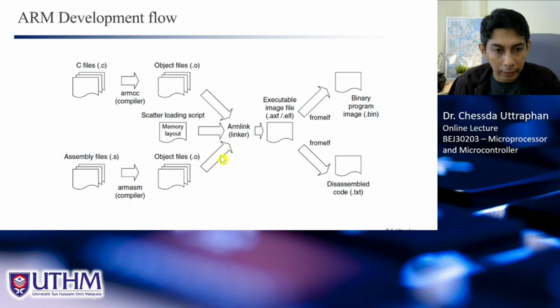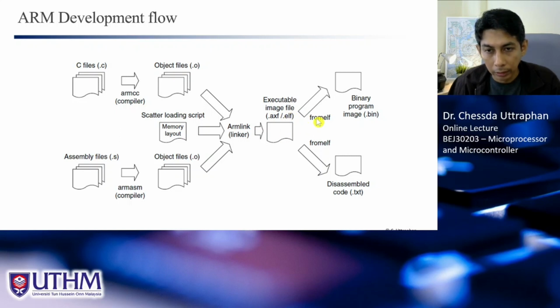So this linker is actually to combine all the object files that you have to create what we call the executable file, the file that can be executed by your microprocessor.